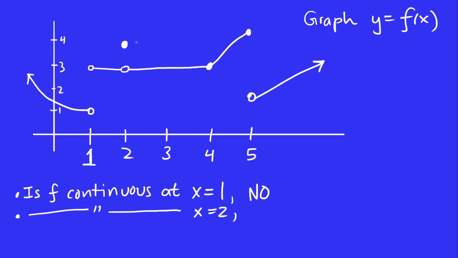So f of 2 is defined, but is the function continuous at 2 or not? Well, notice when I draw this graph here, I'm going all along fine here at 2, but then as soon as I hit 2, I got to jump up and then jump back down, right? So there is a break in the graph at 2, and therefore, even though the function's defined there, it is not continuous there. The next question is at 3, say, okay?